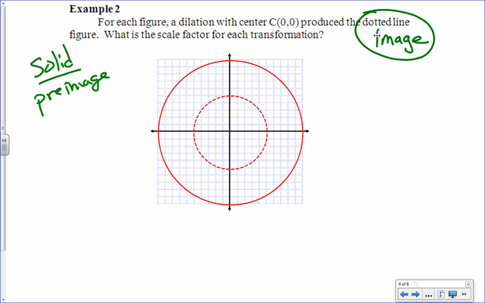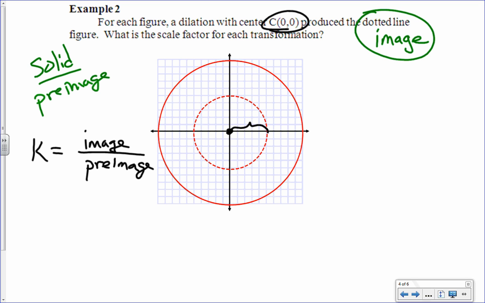So one of the easiest ways to find scale factor, and we'll call it K, is to take a measurement from the image and then take the corresponding measurement from the pre-image and put that underneath. So on this one, there's lots of distances we could find, but I would suggest if this is the center of dilation, which we've been told that it was, well, this distance from here to there is quite easy to find.